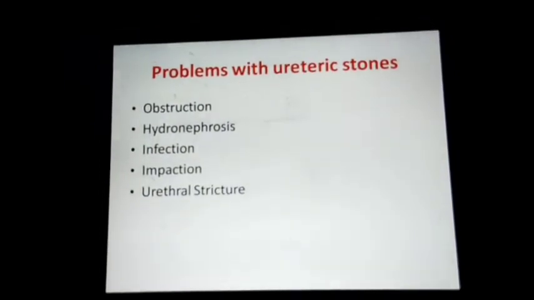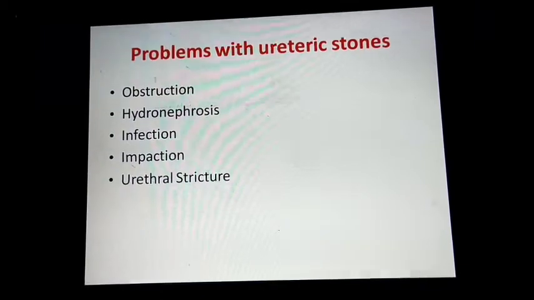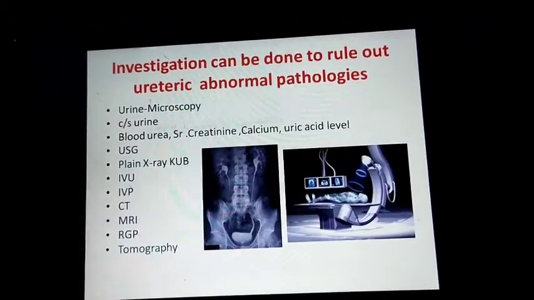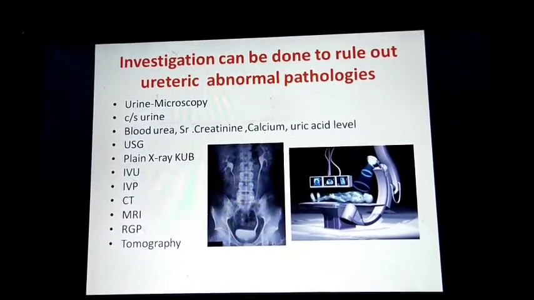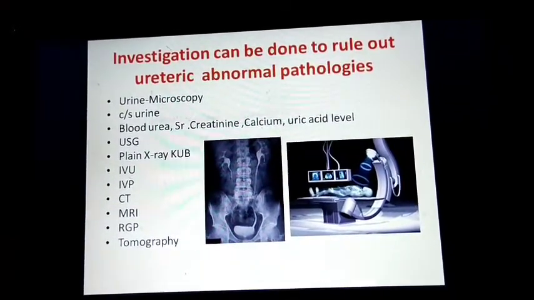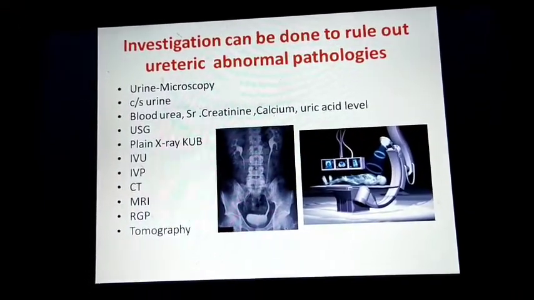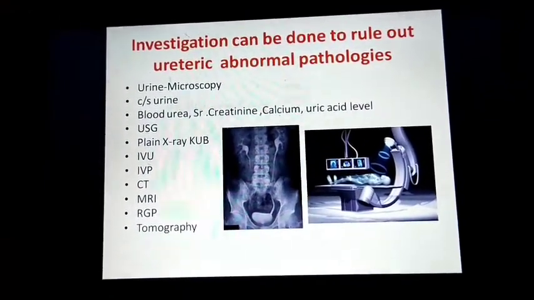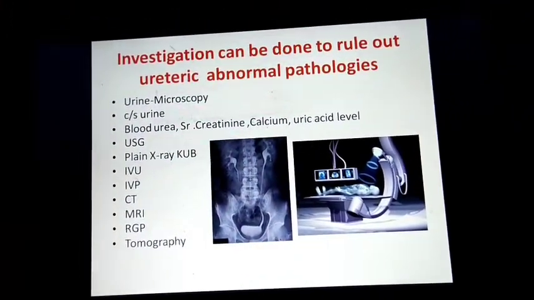Problems with ureteric stones are obstruction, hydronephrosis, infection, impaction, and ureteric strictures. Investigations can be done to rule out ureteric problems or abnormal pathology: urine microscopy, culture and sensitivity of urine, blood urea, serum creatinine, calcium, uric acid level, ultrasonography, plain X-ray KUB, IVU, IVP, CT scan, MRI, RGP, and tomography.